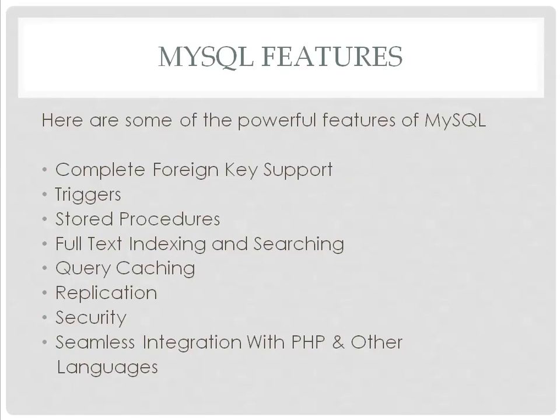So here are some of the features of MySQL. Alright, so first we have foreign key support. MySQL has a few different storage engines, and if we use the InnoDB storage engine, what foreign key support means is that we can have tables that relate to each other. Let's say we have a users table and, I don't know, a blog post table.